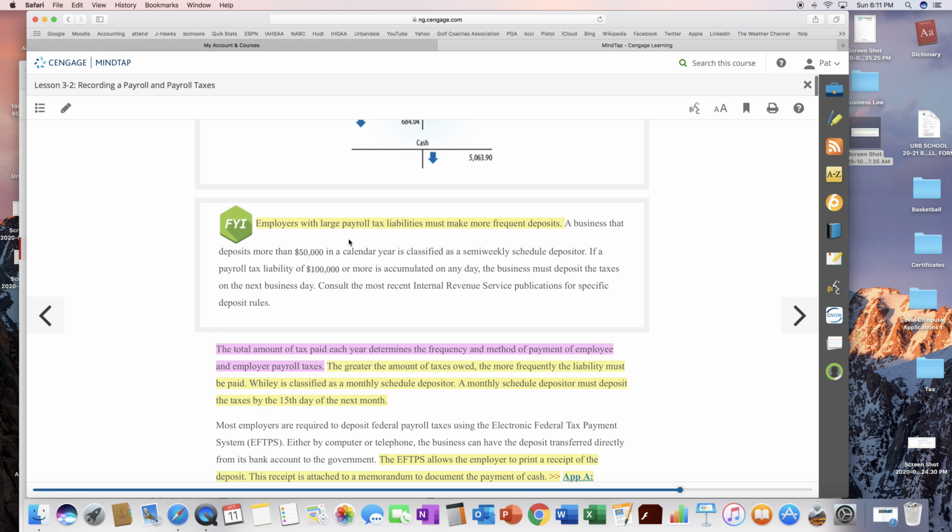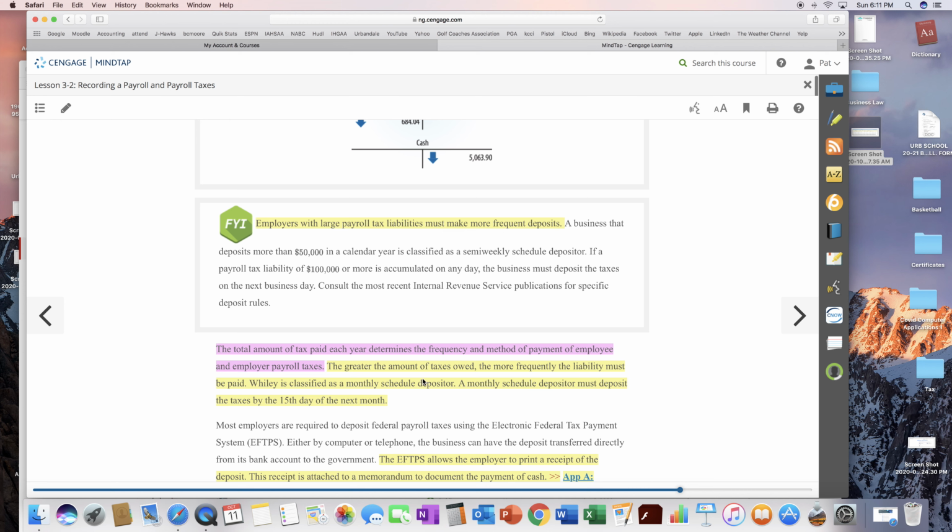The more money you make, the more payroll taxes you have, the more often you have to pay it. A business that deposits more than $50,000 in a calendar year is classified as semi-weekly. If payroll tax of $100,000 or more is accumulated on any day, then we have to pay it the next day. For our company, we're a monthly scheduler.